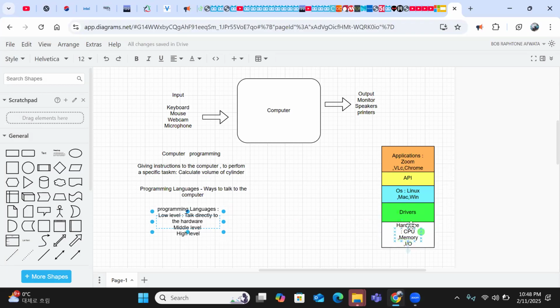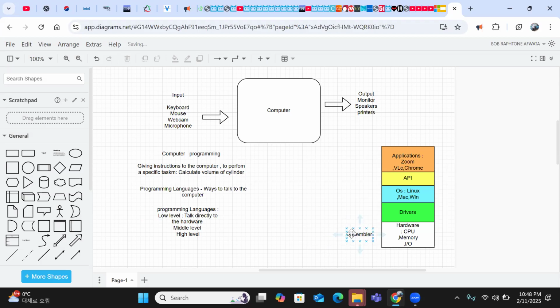Can you see where there is a CPU, GPU there? If you write low level code, the first one which we want to talk about is called assembler. Can you see that? Yes.